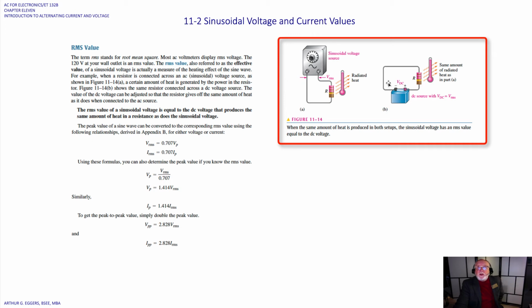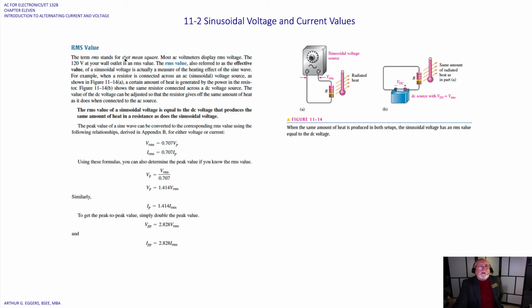These two relationships show you how a DC relationship relates to an AC relationship in RMS, and the calculating effectiveness is based upon the same amount of heat that would be measured and calculated in a given resistor between an RMS calculated value or an AC signal going through that resistor.